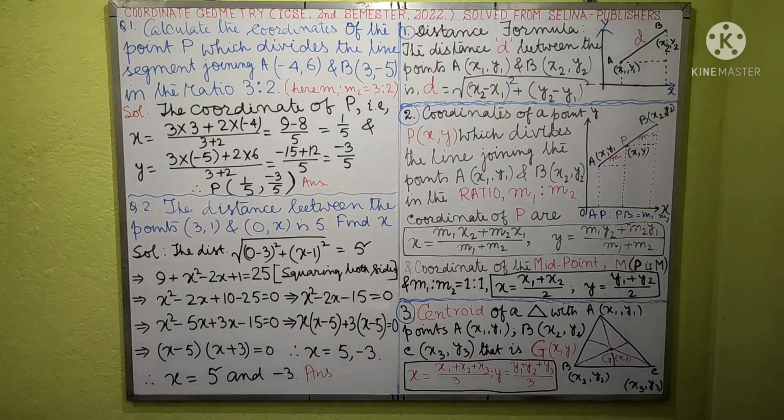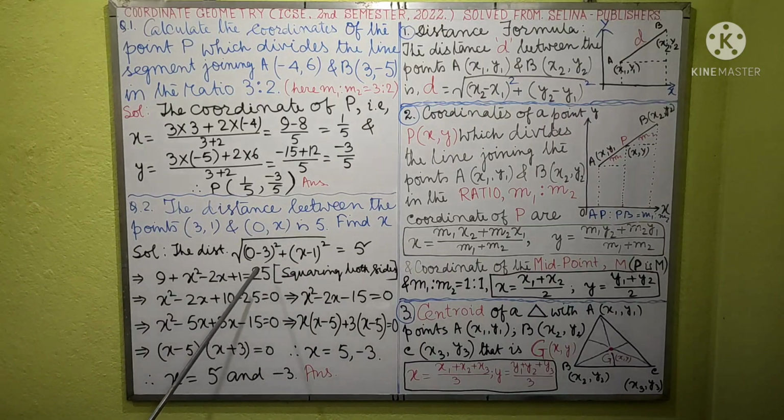Now, second problem. Find the value of x so that the distance between the points (3, 1) and (0, x) is 5. These are the coordinates of the two points, and we have to find out x.